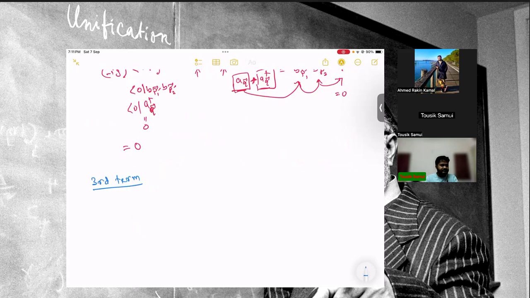The third term is a bit difficult, I mean, not difficult, but involved.